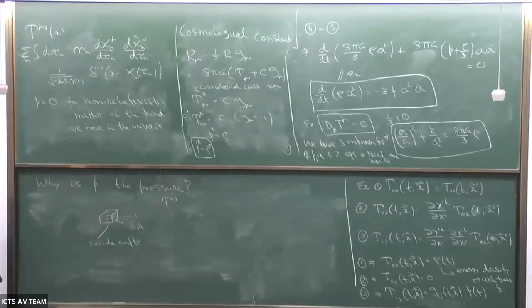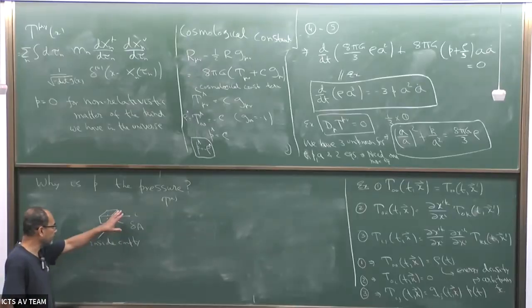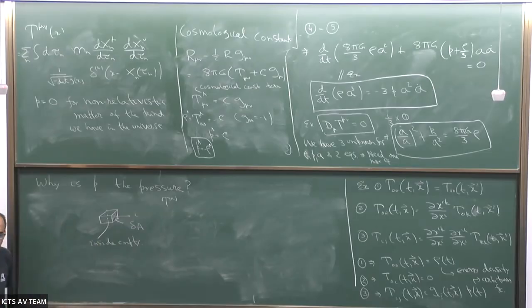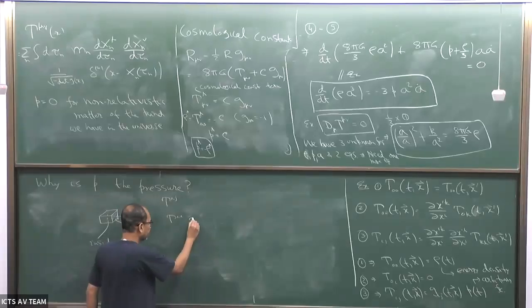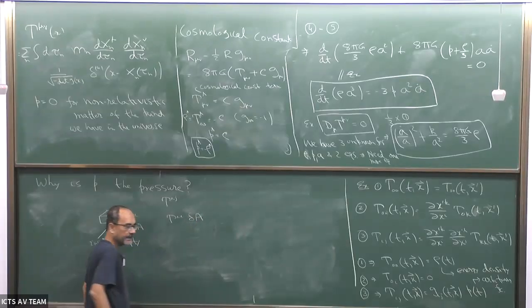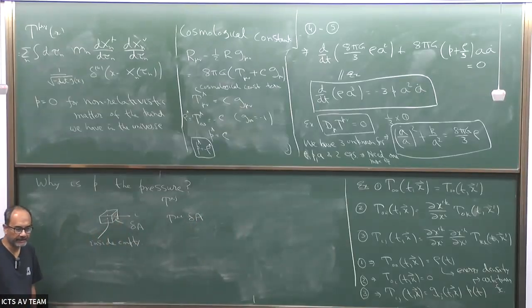T_ii, remember, is a momentum flux, right? So how much will be the momentum that is coming and hitting this surface per unit time? T_ii and delta A per unit time. Is that right? Everybody agrees?